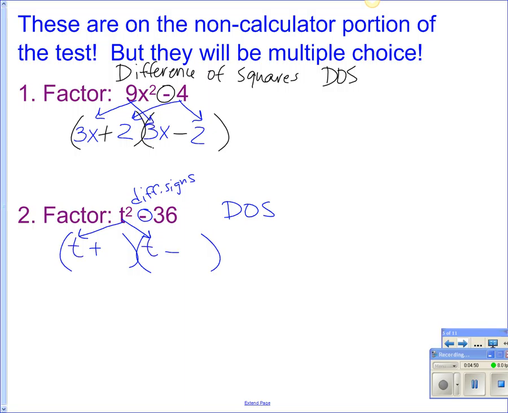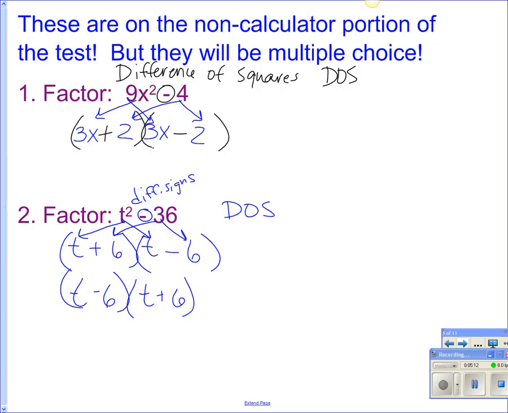Just t and t. Good. T times t is t squared. Dylan, what times what gives you 36? Good. 6 and 6. That's your answer. You could also put t minus 6 and t plus 6. It doesn't matter what order you put it in.